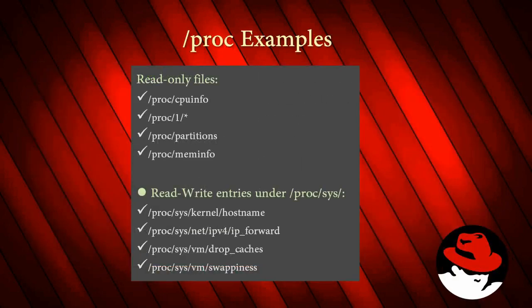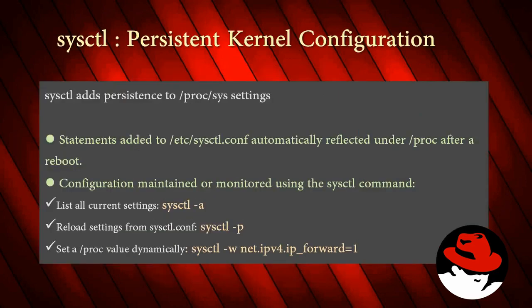The proc examples include read-only files, read-write entries, and so on. These are the links where you could go for configuration: /proc/sys or directly /proc. Then comes persistent kernel configuration that exists all the time.